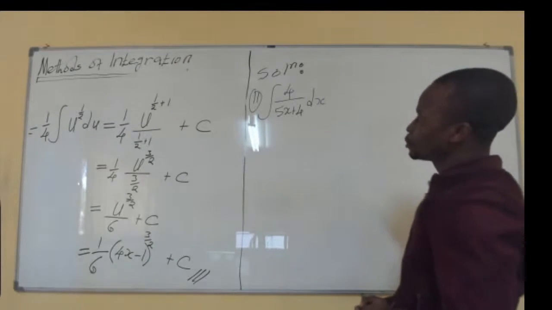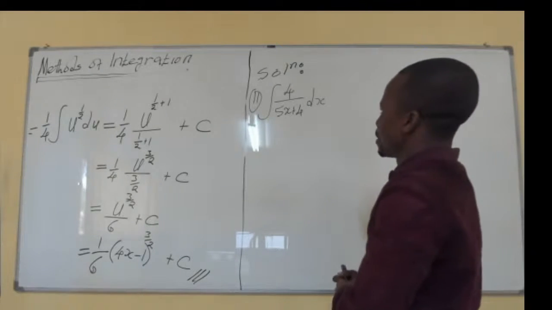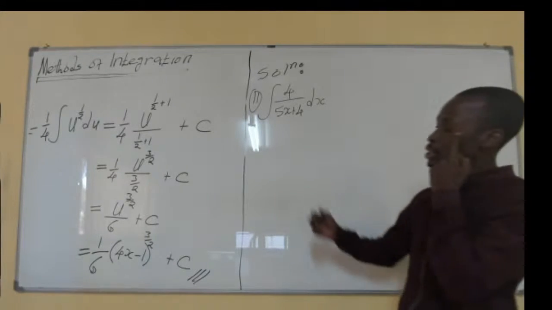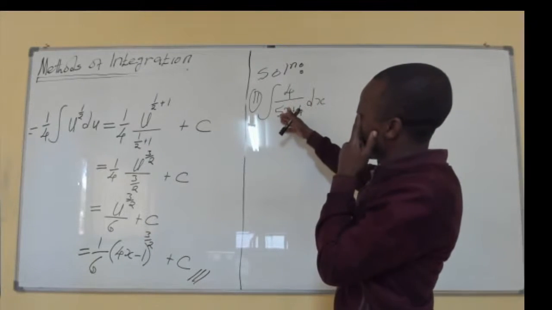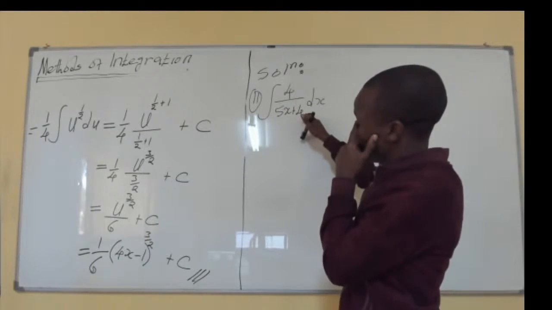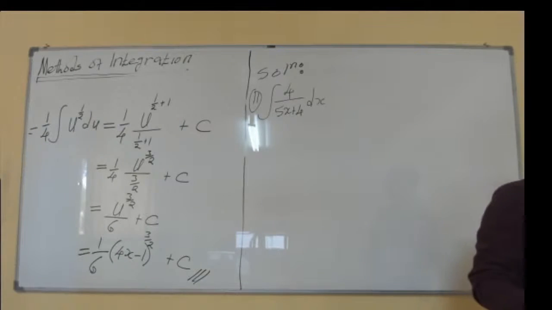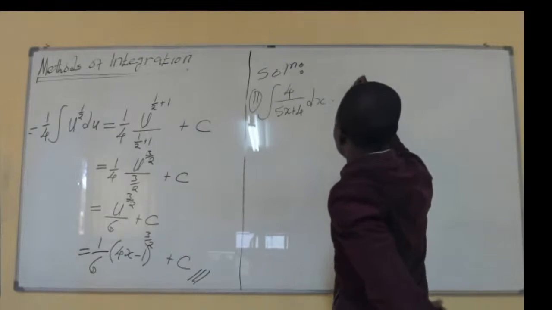Now, if you look at this function, it's also a function in a function. Remember that you can rewrite this function as 4 times (5x plus 4) to the power negative 1. You can also write it in that form if you want.